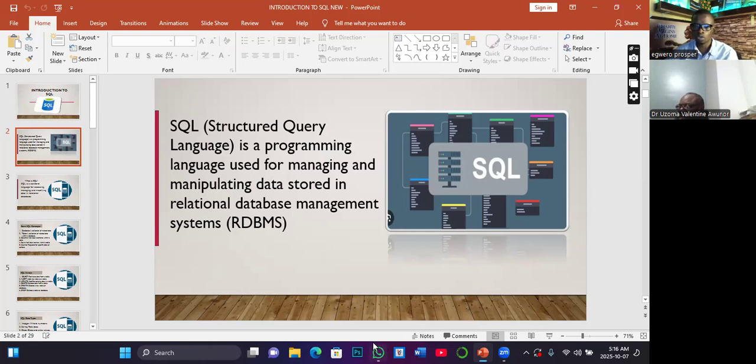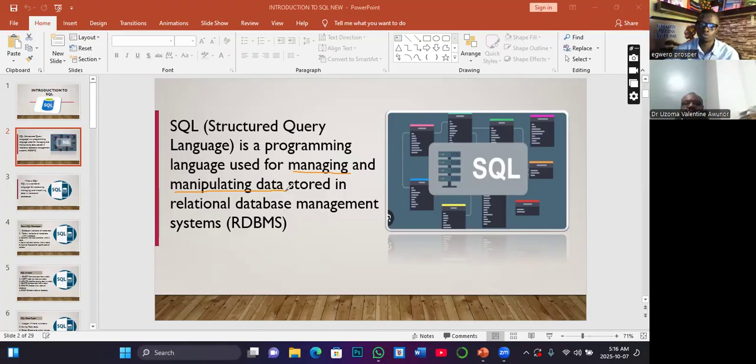The key word here is managing and manipulating data stored in a relational database management system, also abbreviated to RDBMS.